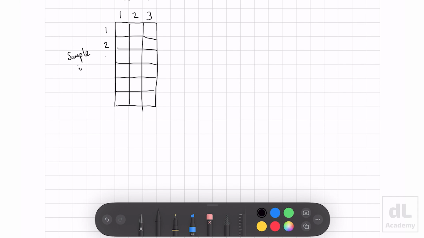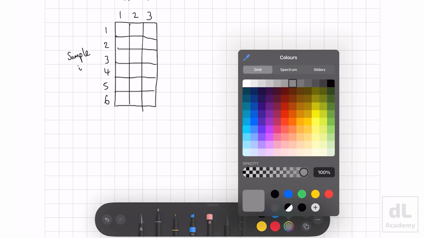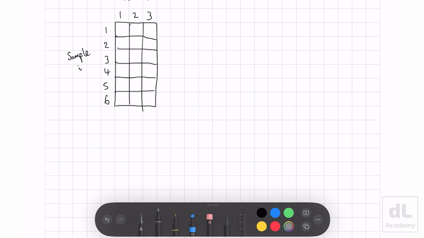In each row is the information about the belonging of a sample. The first row is sample 1. If we say 0, 0, 1, this means the sample lives in the third cluster.